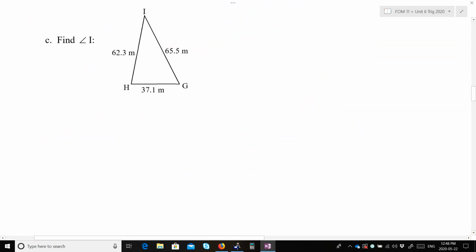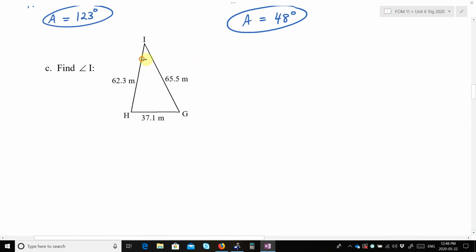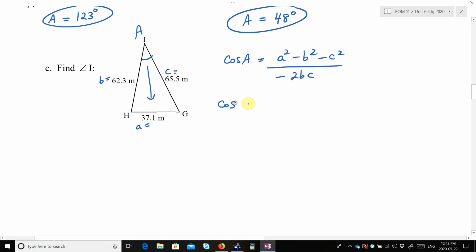Okay, letter C, find angle I. So they want us to find angle I, so we label that A, and across from A, that means this is little a, and then B and C don't matter. So cos A, the formula is a squared minus b squared minus c squared divided by negative 2bc.